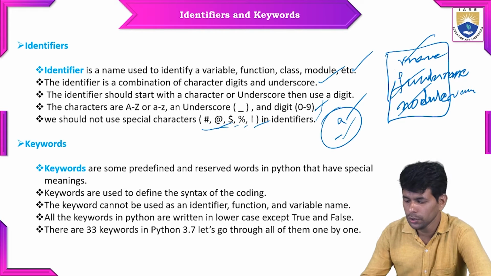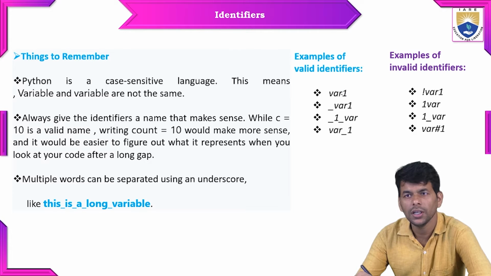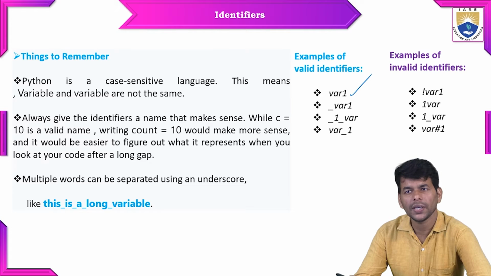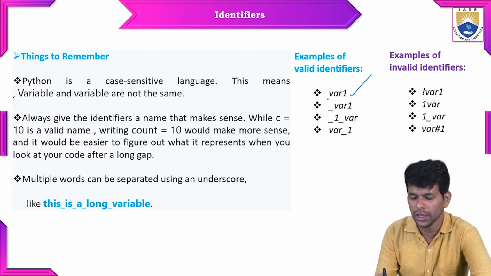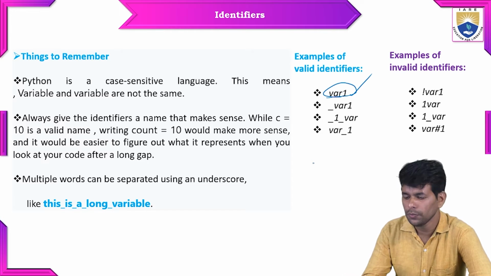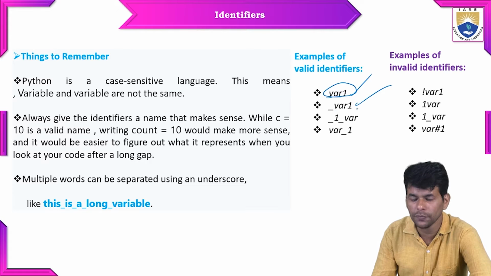Is it clear? Now we will see what the valid identifiers and the invalid identifiers are. The first one is var1. We are treating var1 as a valid identifier. Why is it valid? Because var1 starts with a character. The rule is that our identifier will start with a character or an underscore. The second one starts with an underscore and a character, so this is also valid.